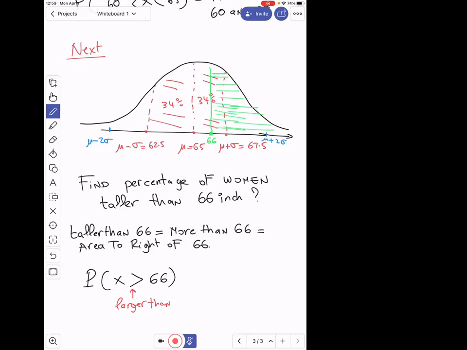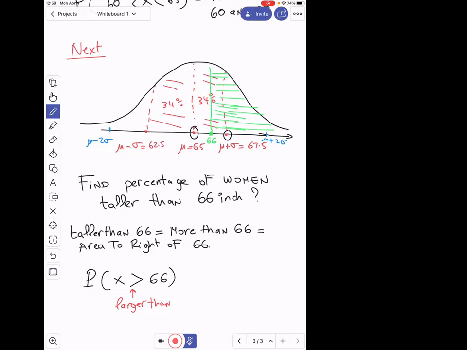So here we have a problem, because I don't have any information about the 66 inches. I have information about the 65 because that's the mean. I know the area between the 65 and 67.5 is 34%.